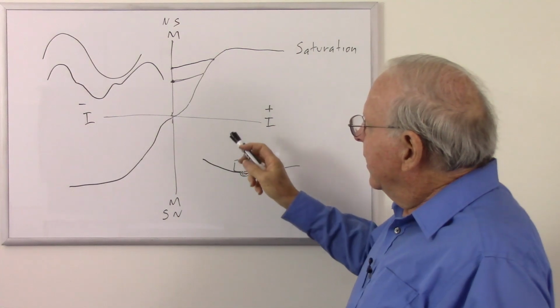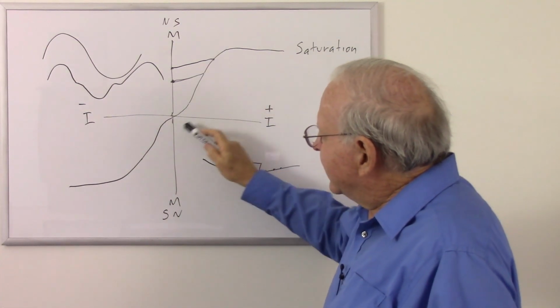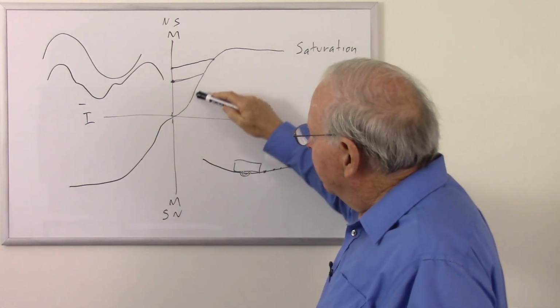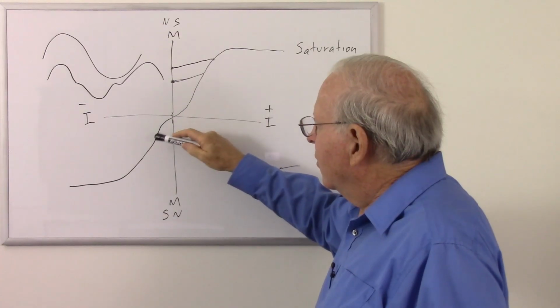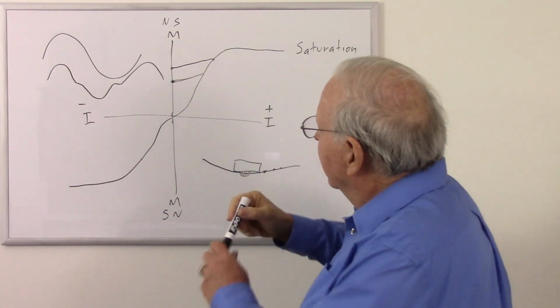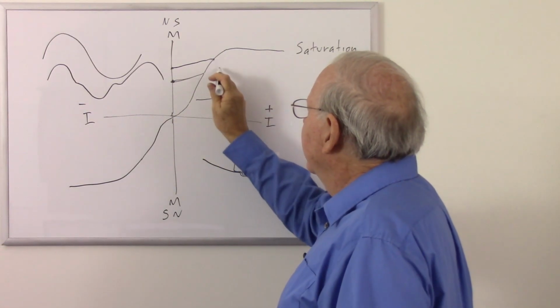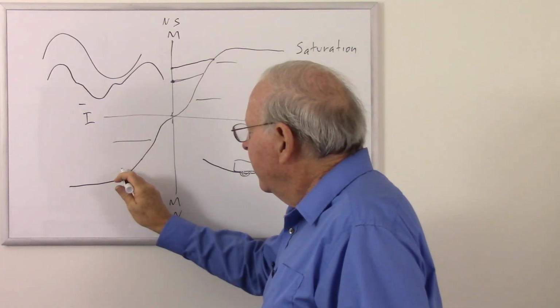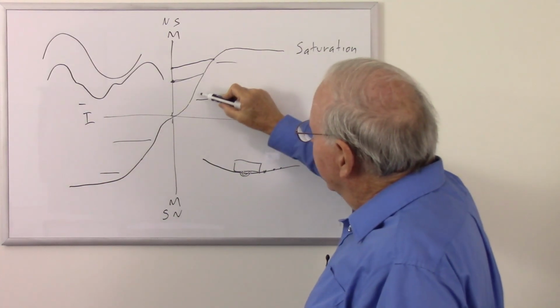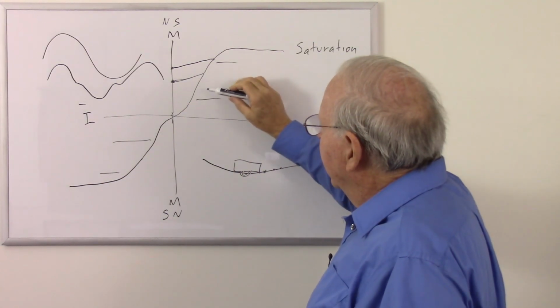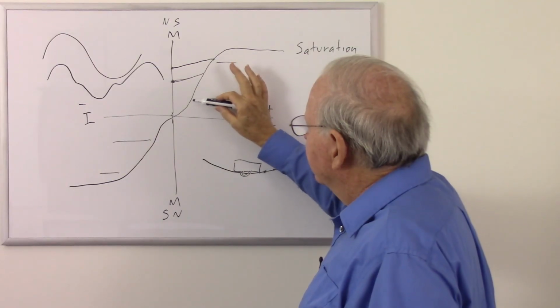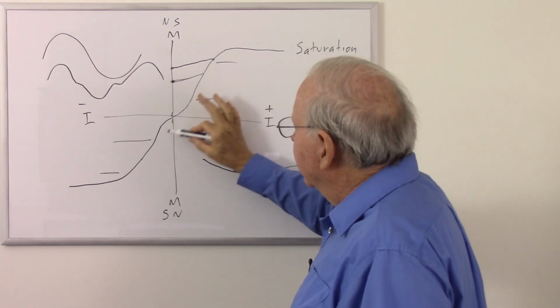So we need to somehow mitigate this area where the magnetism and the current don't quite go linearly. We have a region up in here and in here where it's fairly linear. So increasing the current increases the residual magnetism just right so that we don't get this distortion.